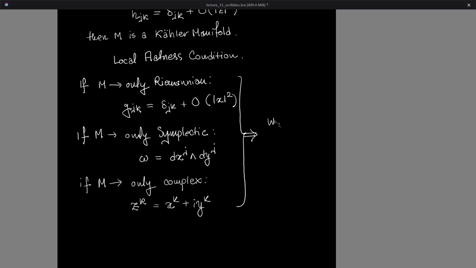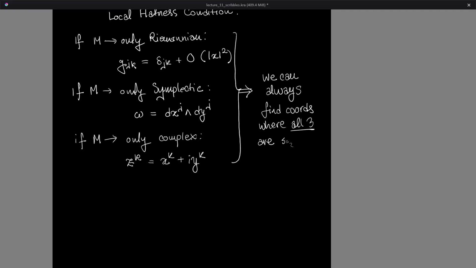we can always find coordinates where all three are simultaneously true. And this is a very powerful fact, right?